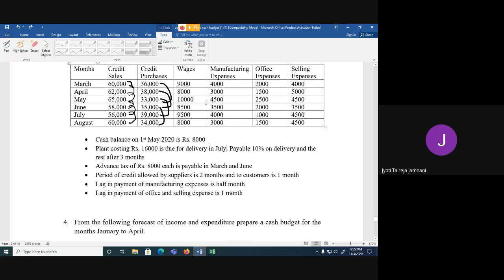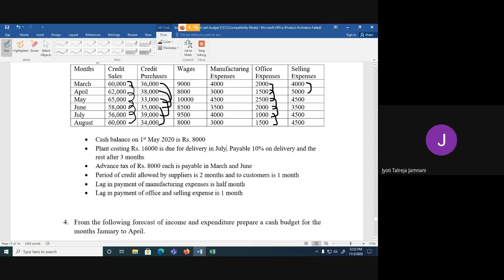So how is it going to work now? Office and selling expenses will be paid 1 month later. So whatever is of March will be paid in April. April will be paid in May. May will be paid in June. June will be paid in July. And July will be paid in August.